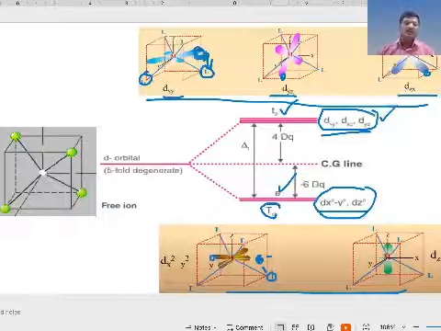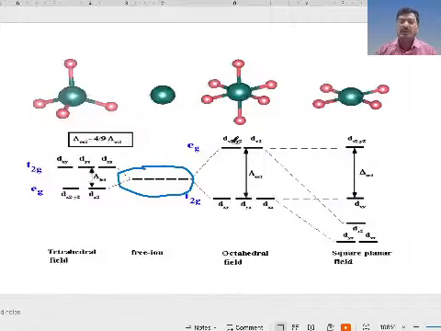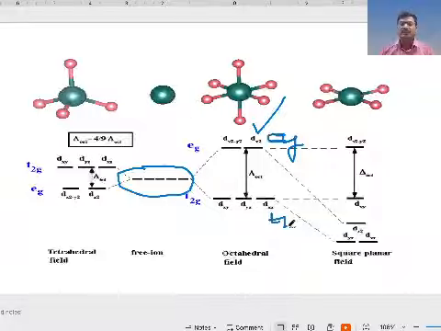So this is the crystal field splitting in the case of the tetrahedral. Now this is the comparison of all three splittings. Let us come first to octahedral splitting. In the octahedral splitting, the higher energy is the Eg and the lower energy is the T2g. The Eg contains dx square y square and dz square, and the lower energy contains dxy, dyz and dxz. When you come to the tetrahedral, it is exactly reversed.